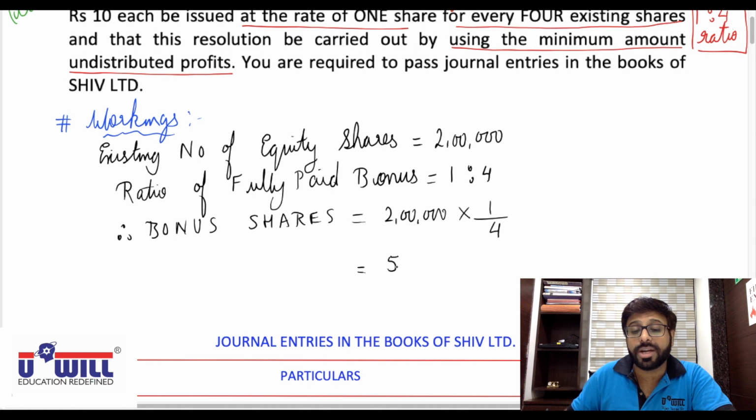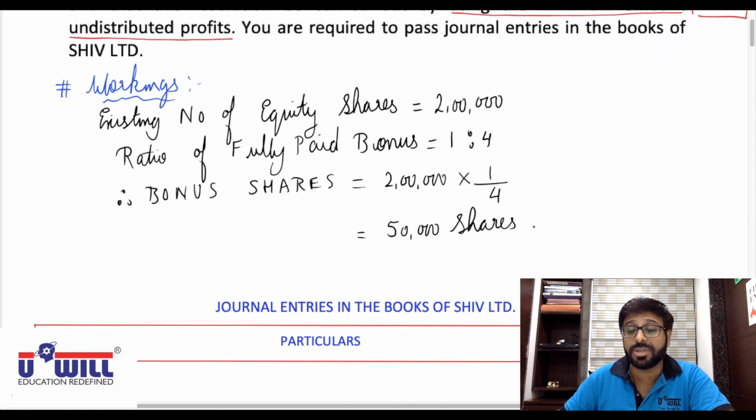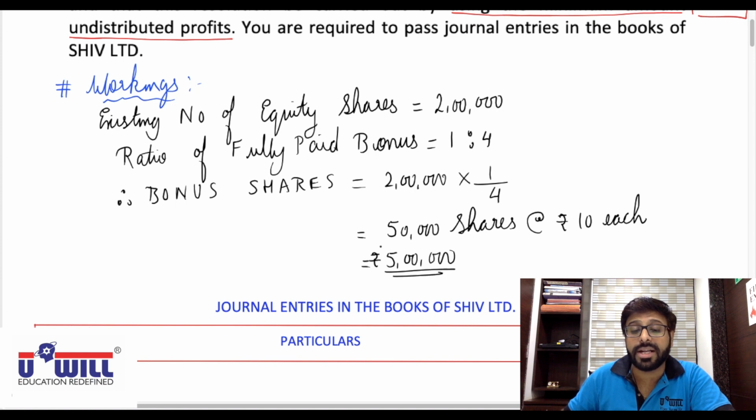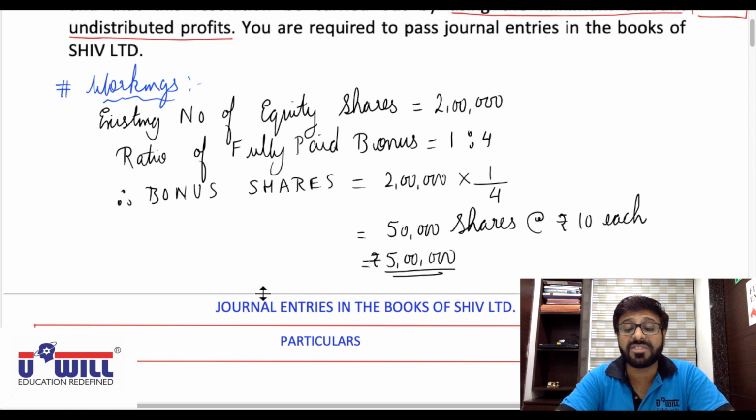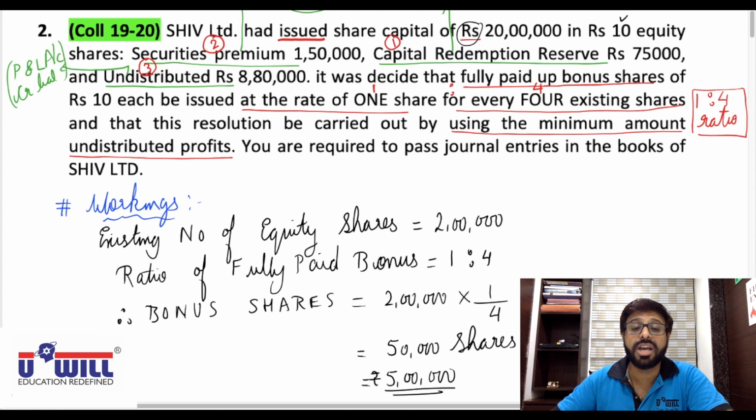So what would be the quantity of bonus shares? 50,000 shares. But remember, 50,000 shares is the quantity, and they are fully paid bonus shares, which means the value is rupees 10 each. So 50,000 into 10. What is the amount of bonus? Rupees 5 lakhs. In quantity terms, it is 50,000 shares, but in amount terms, the value of those 50,000 shares is rupees 5 lakhs.